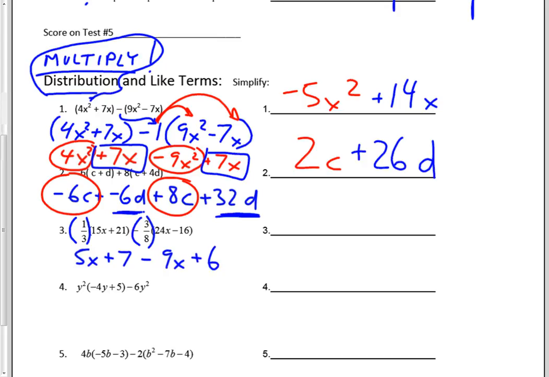Take a look. Did your multiplication result in that? If you put -3/8 in your calculator and multiply it by -16, you will get a +6. Then combine your like terms. That goes with that. 7 and 6, 13.